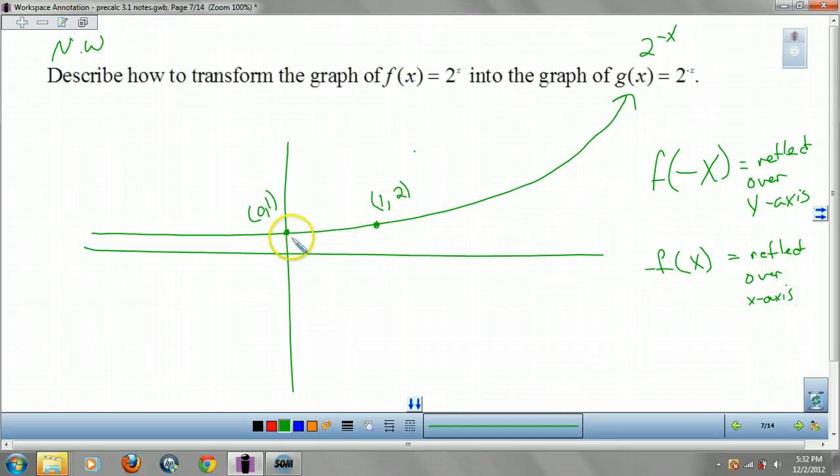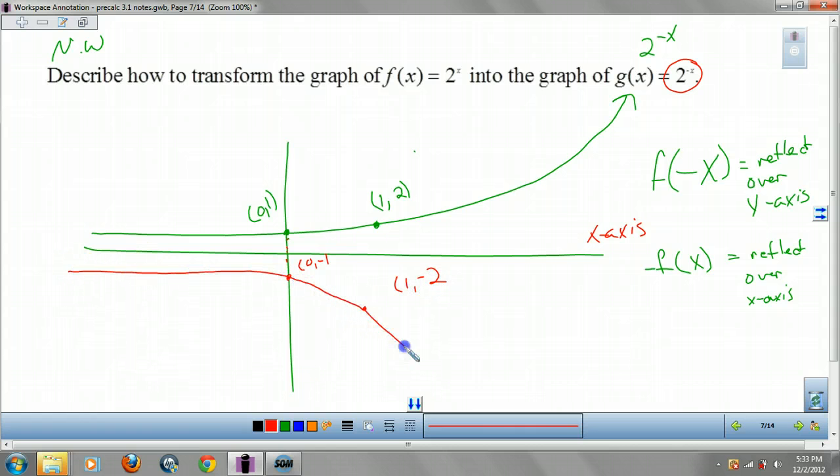So for this one, I reflect it over my x-axis. So I have the point 0, negative 1 and 1, negative 2. There we go. That's all there is to it.